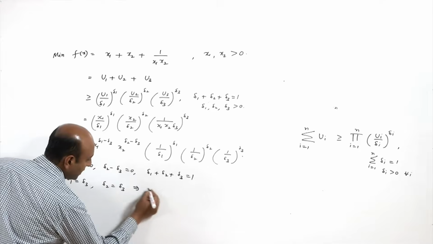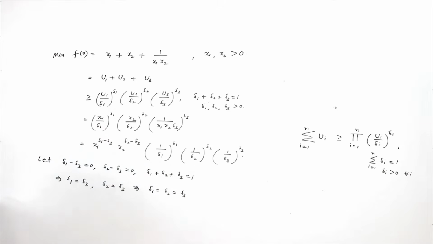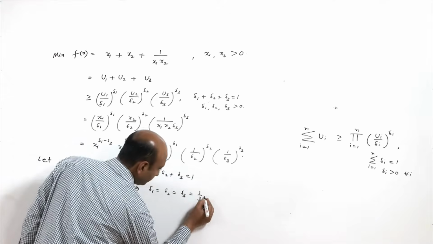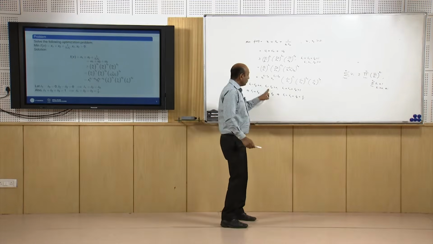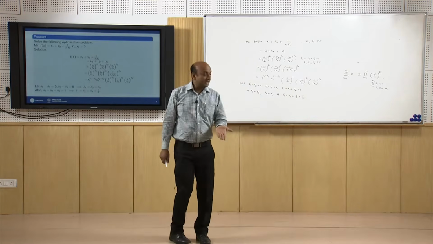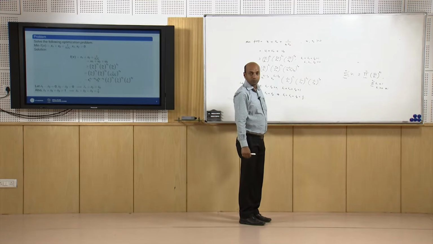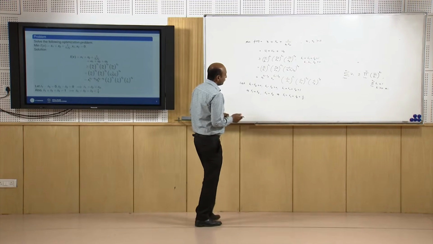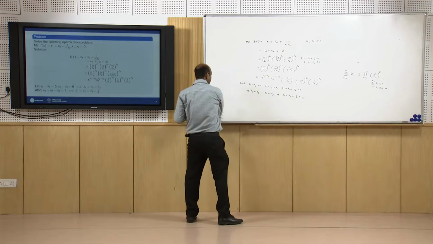This means delta 1 is equal to delta 2 is equal to delta 3 and the sum is 1, so each is equal to 1 by 3. Basically, we have 3 unknowns with 3 equations. So, we are getting a unique solution, and the right hand side also is fixed.